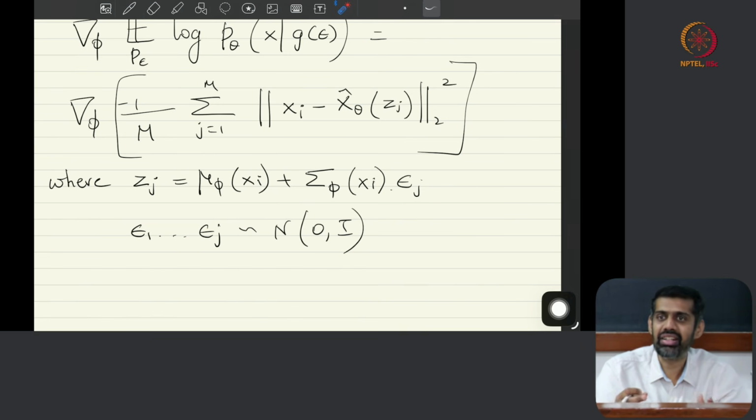You are taking an expectation over multiple embeddings for a given image, so it is going to be blurry, and it is a known drawback of VAE. People have asked how you solve this problem. There is more to that problem, there is something called posterior collapse, which we will see, and people have come up with ways to deal with this posterior collapse, which we will eventually look at.